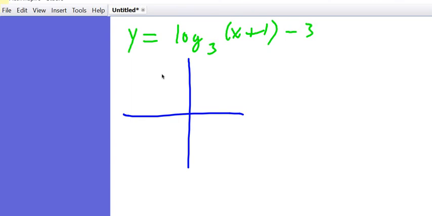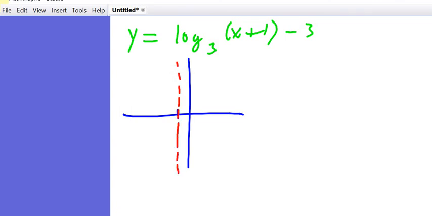But that x plus 1 is significant. What is that plus 1 telling us to do? Does it tell us to shift to the right or to the left? To the left. Because remember, we always go opposite when it comes to the horizontal shifts. So we're going to go to the left 1 unit and put our asymptote.